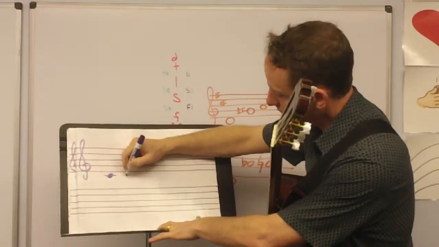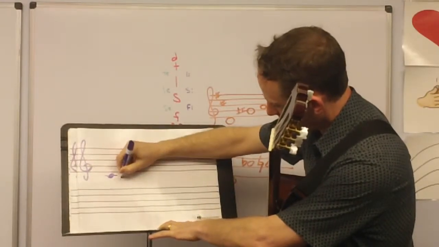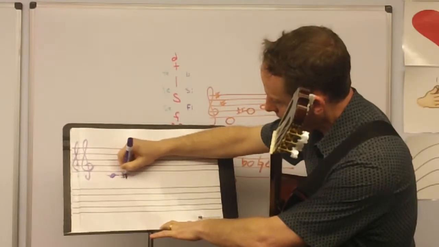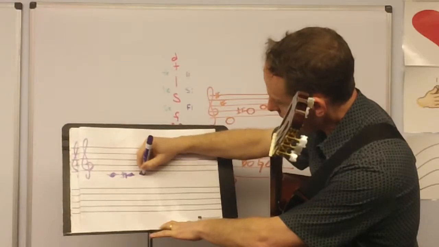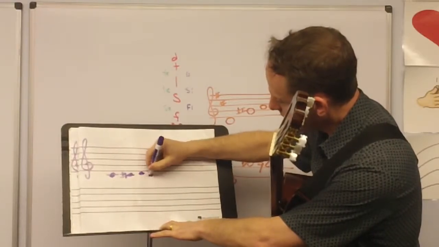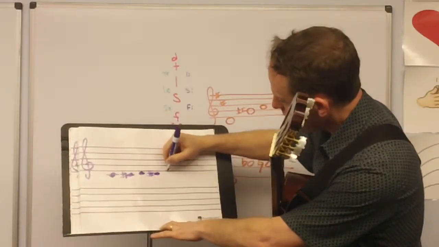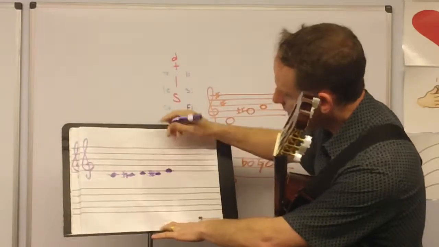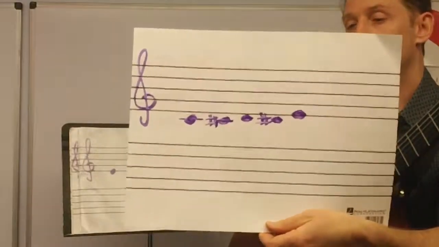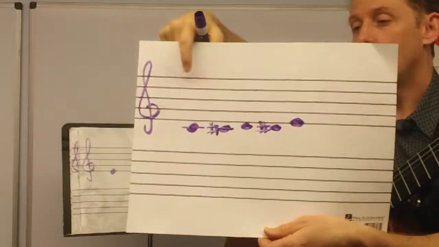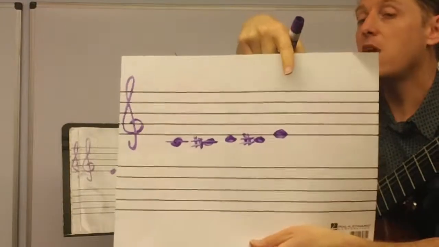Do, di, re, ri, mi. Since we're going up, we're using sharps. Do, di, re, ri, mi.